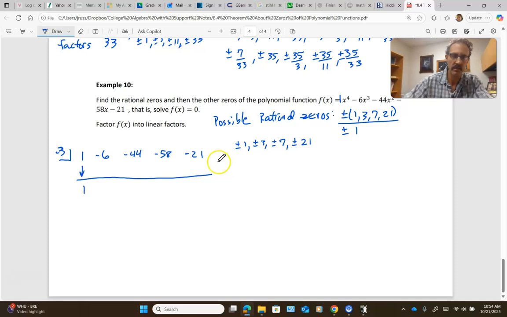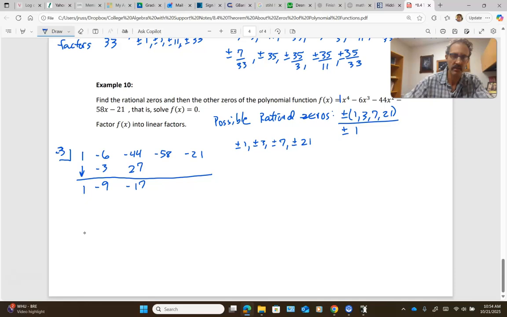Bring down your 1. We're going to start multiplying and adding. -3 times 1 is -3. -6 and -3 is -9. -3 times -9 is 27. That's going to give us -17. Wait, is that right?